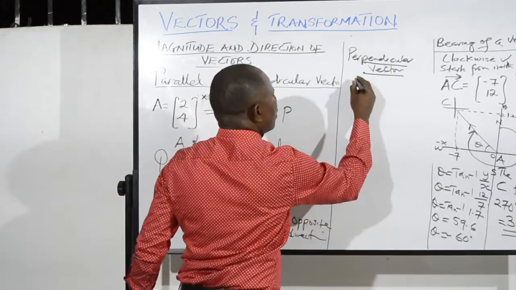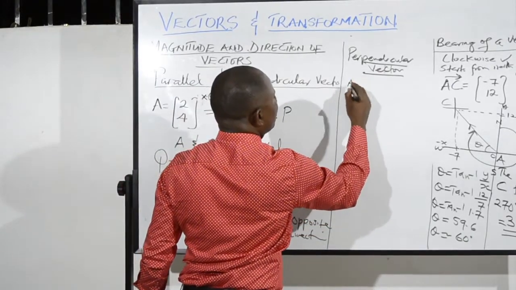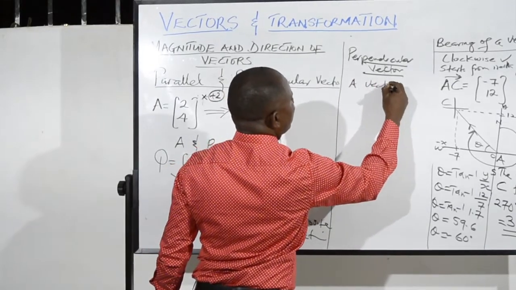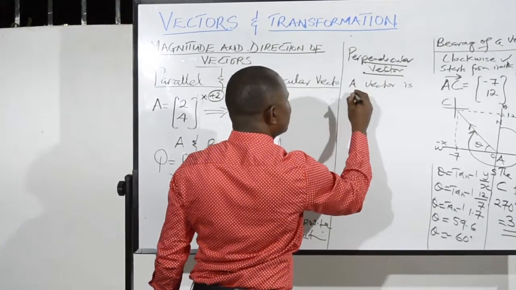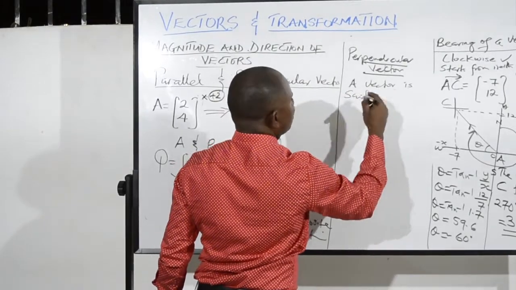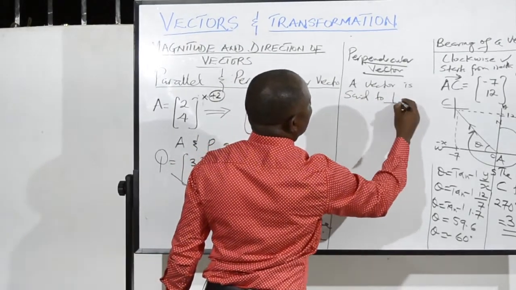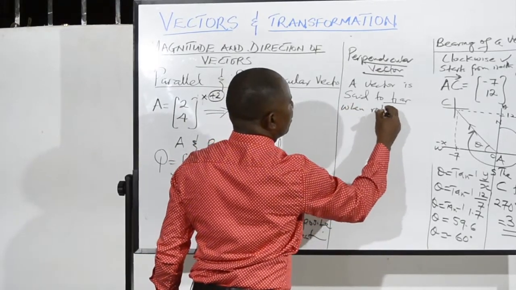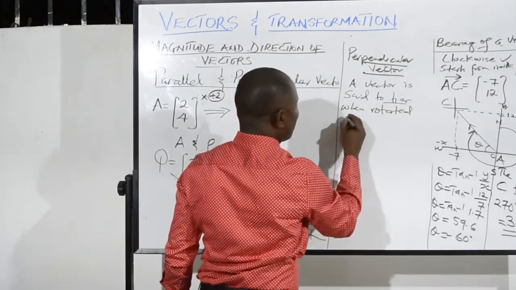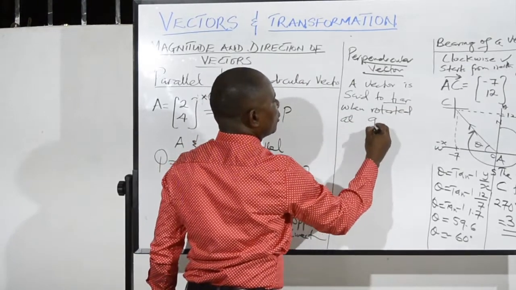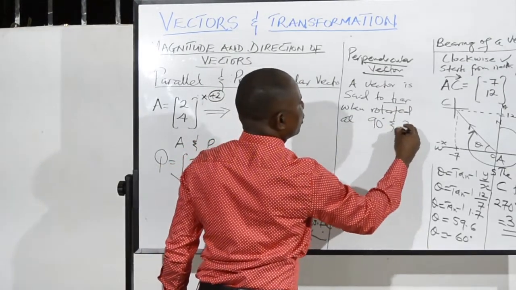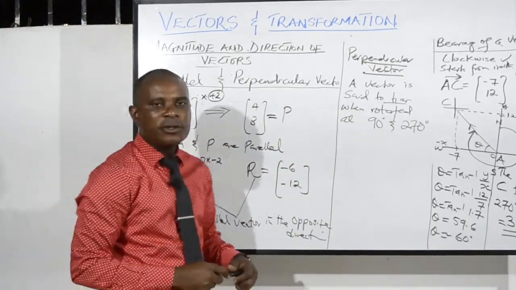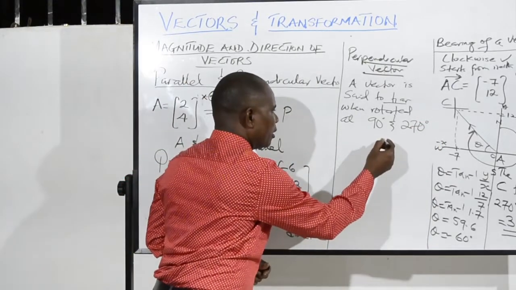A vector is said to be perpendicular when it is rotated at 90 degrees or 270 degrees. So when I rotate the vector 90 degrees or 270 degrees, then it's going to be perpendicular.